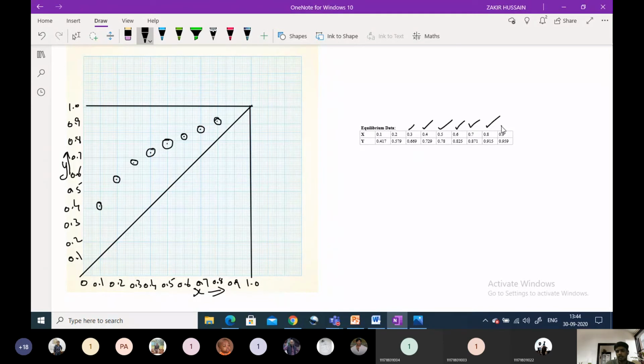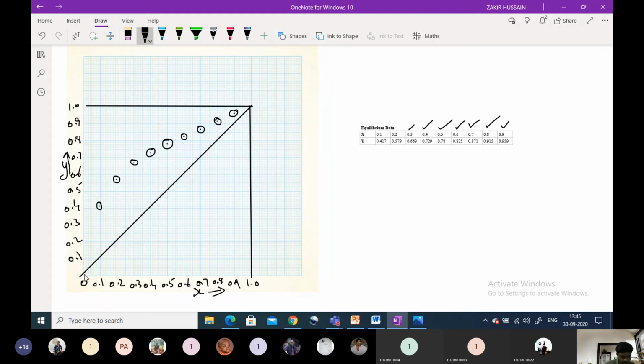Then the next point is 0.9 and 0.959, about 0.96 we can take. So finally 1 and 1.